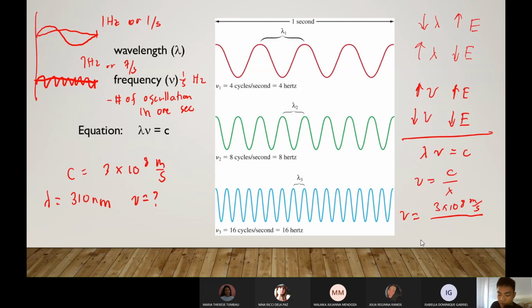So you have to convert that into meters. Remember your conversion factor. 1 nanometer is equal to 10 raised to negative 9 of a meter. So I will just simply write it as 310 times 10 raised to negative 9 meter.